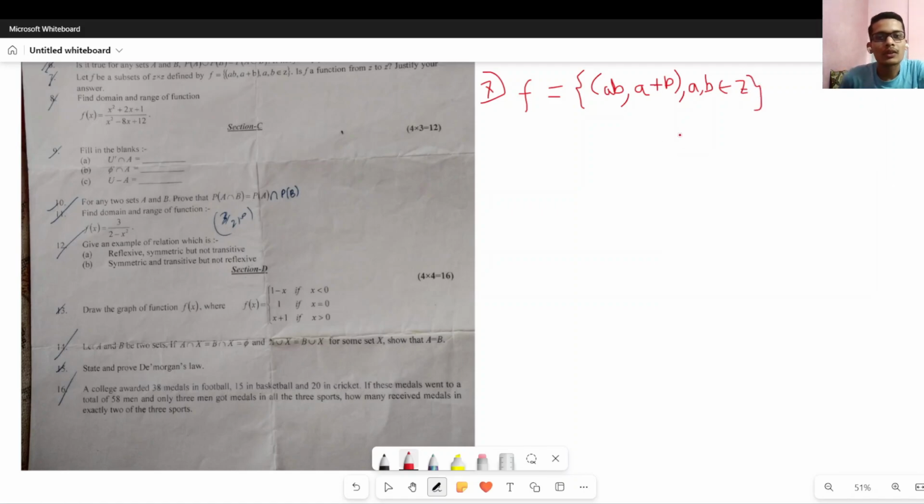And for a relation to be a function, we know that x must have only one y. But here, let's take x1, then x2.